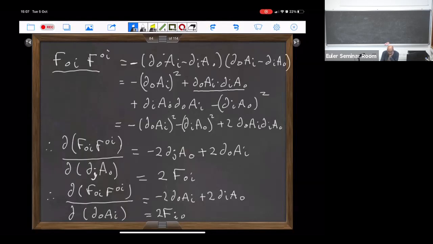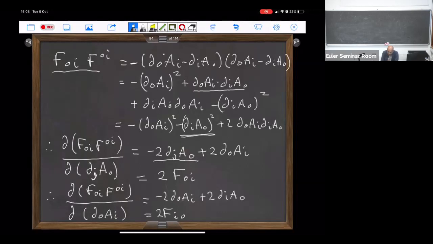Now I want to consider the variation of F0i squared with respect to dJ0. What do we get from that? Here you see that I set i equal to j, and it's squared, so I get a 2 and a minus sign, and the coefficient is dj A0 itself.